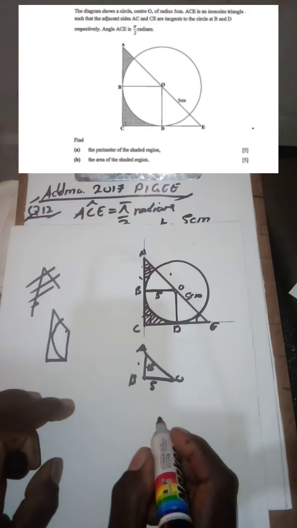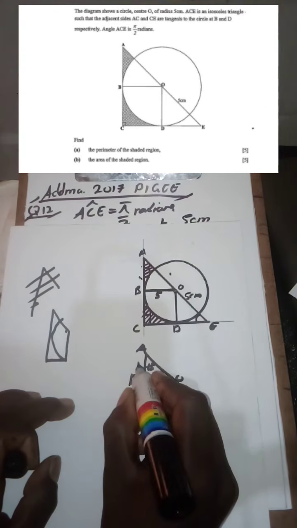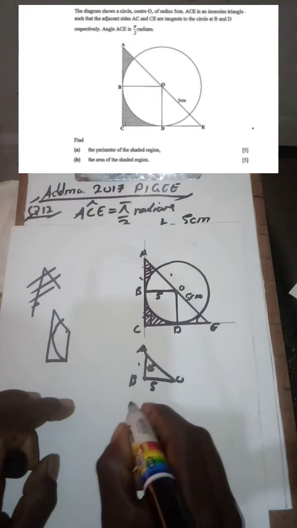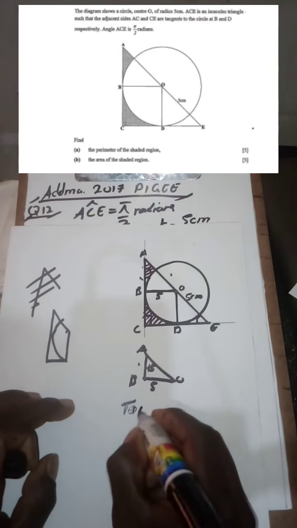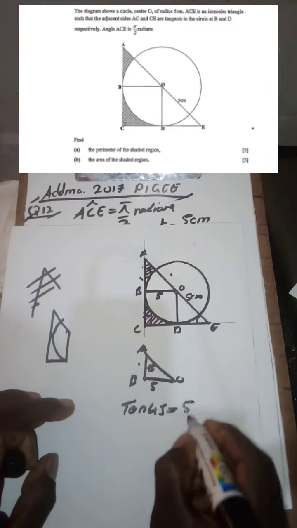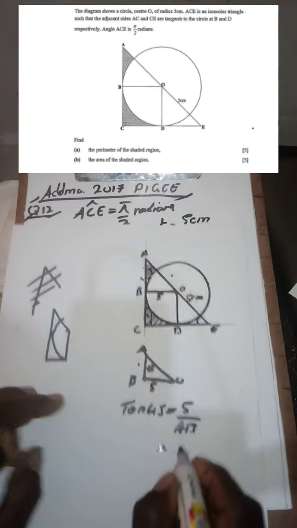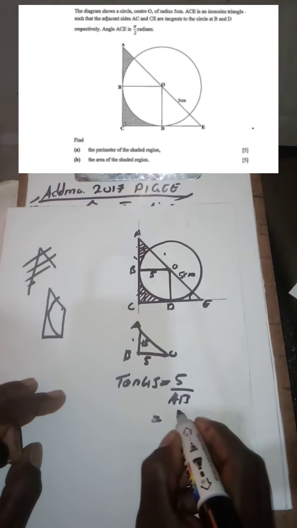We have the opposite, we have the angle, and we're looking for the adjacent, so in this case we can use tan. Tan 45 equals opposite, which is 5, divided by adjacent, which is AB, or BA.